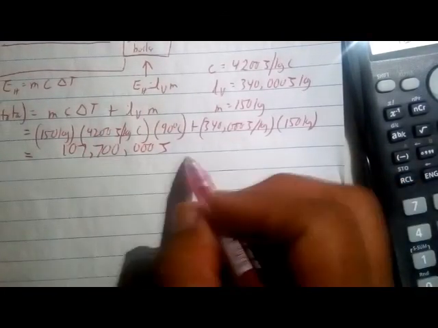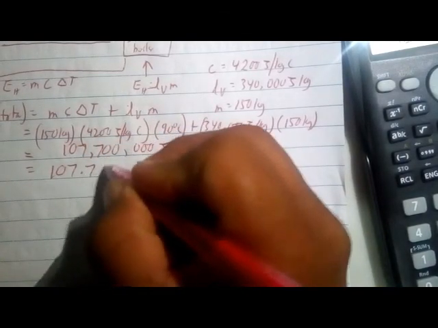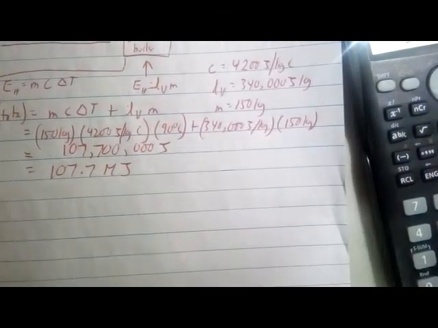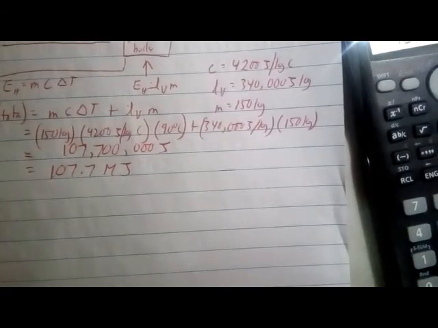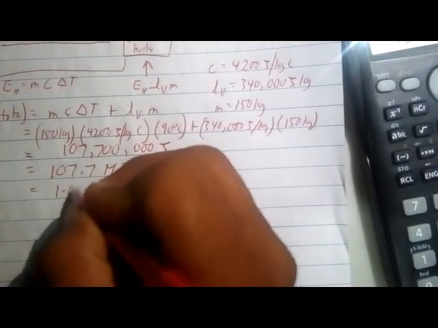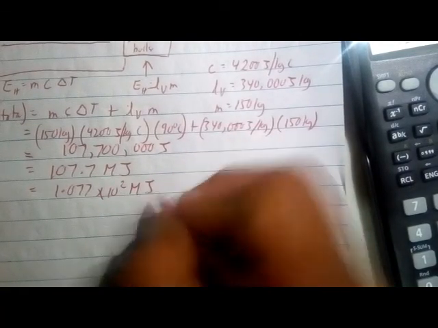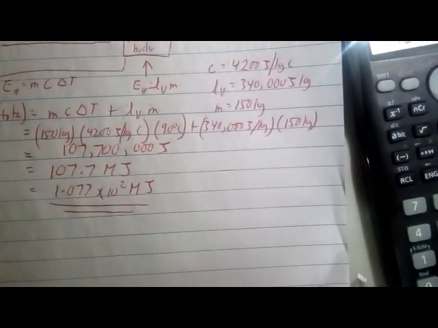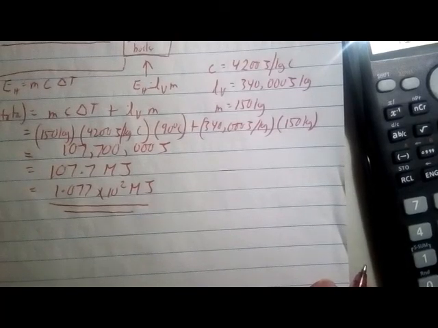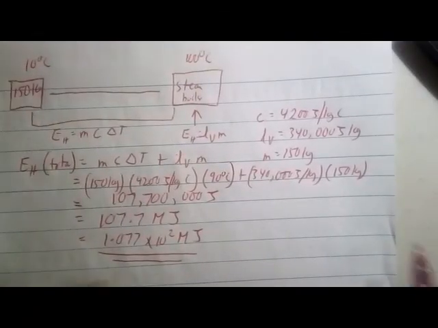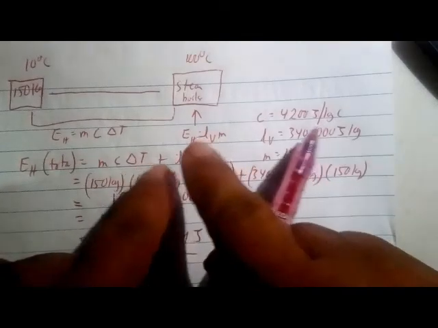To shorten this, we can say 107.7 megajoules, or 1.077 times 10 to the second power megajoules, which is the same thing. This is how you combine our equations, and it can get longer.